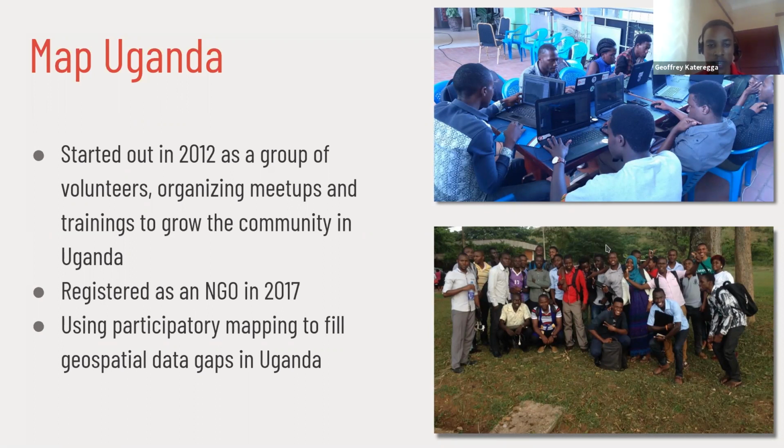So in 2017, with the support from the Humanitarian OpenStreetMap team, which was carrying out a project to do mapping for financial inclusion in the country, we registered as an NGO, and doing this opened up doors for us.